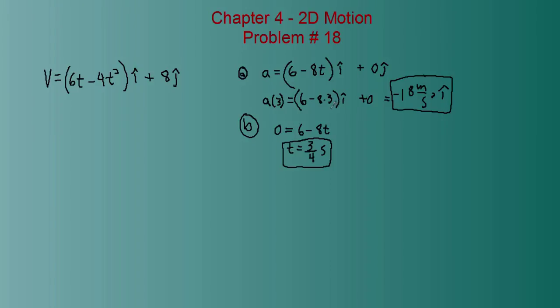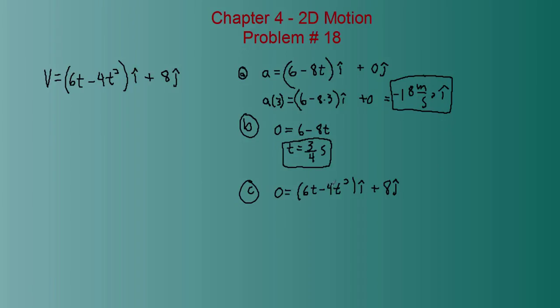What about part C? Is velocity ever 0? So we'll set the velocity function, this guy here, equal to 0. 0 equals 6t minus 4t squared i hat plus 8 j hat.